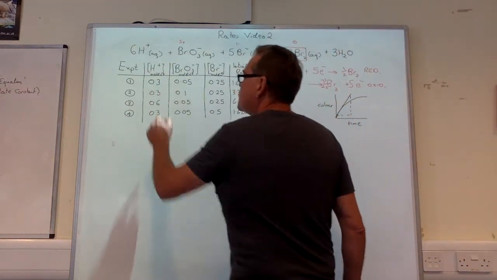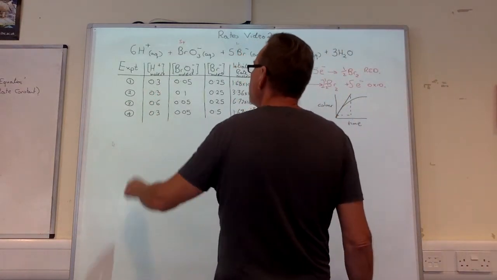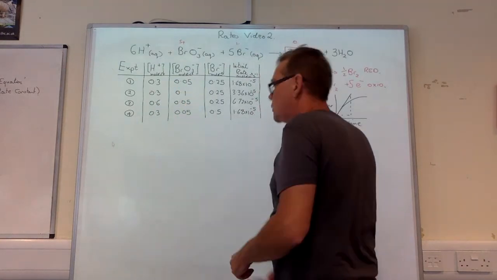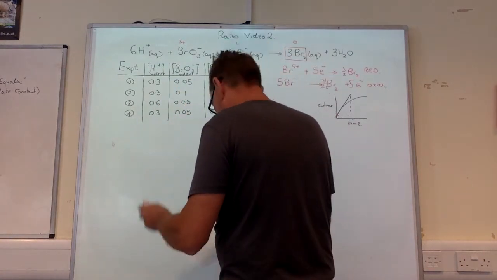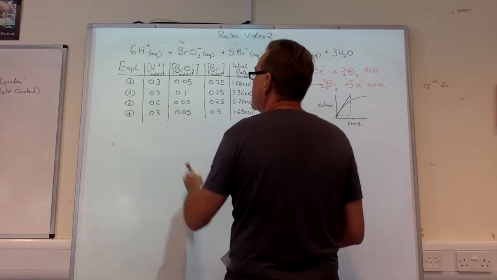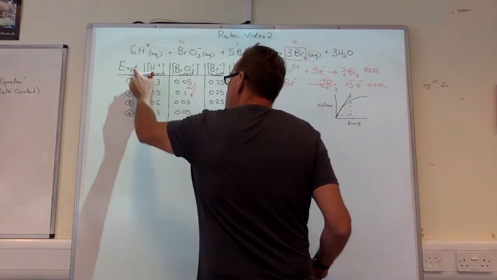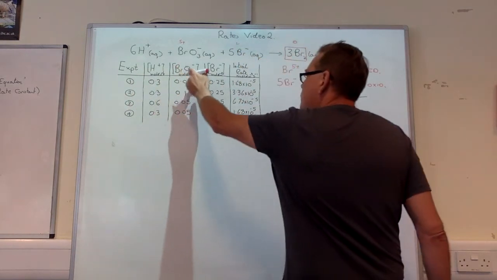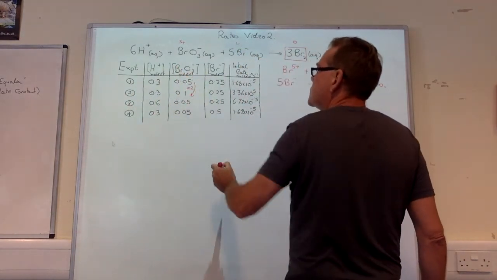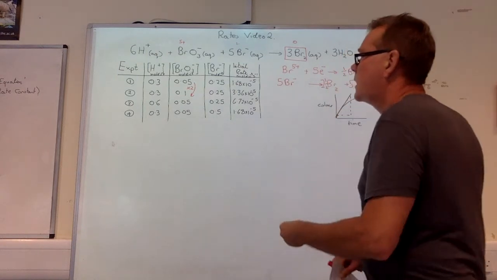So I've kept my H plus the same, alright? I've doubled my concentration of bromate, so let's put that in there, times 2. Between experiment 1 and 2, you're looking for 1 quantity changing, that has doubled. That has stayed the same.